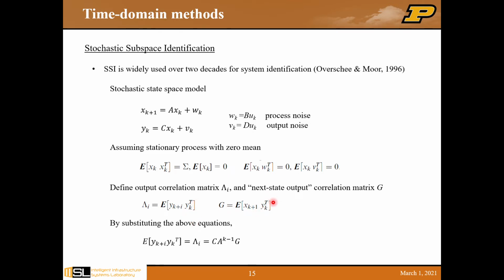The other matrix is the G matrix, the next state output matrix, which is equal to the expectation of x_{k+1} times y_k transpose. By substituting all of these equations into the expression of the output correlation, we can obtain that lambda i is equal to C times A to the i minus 1 times G.